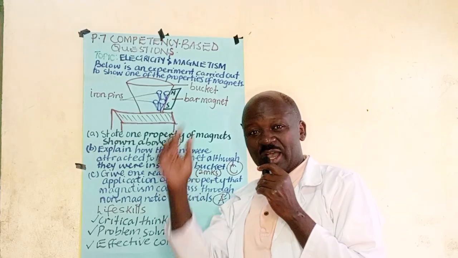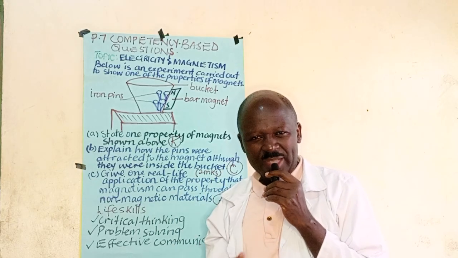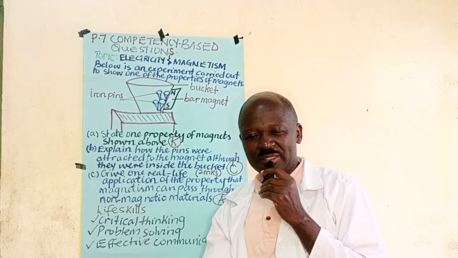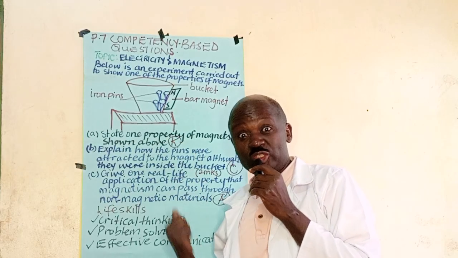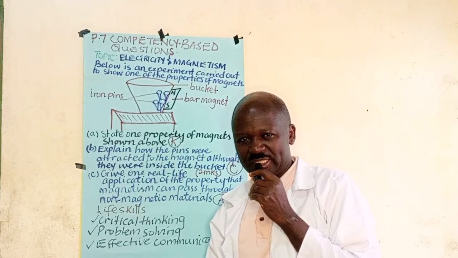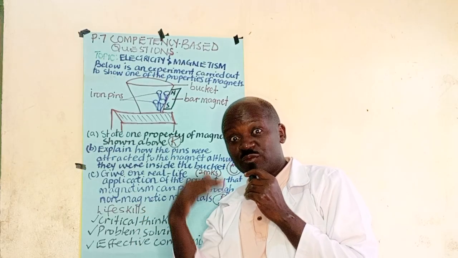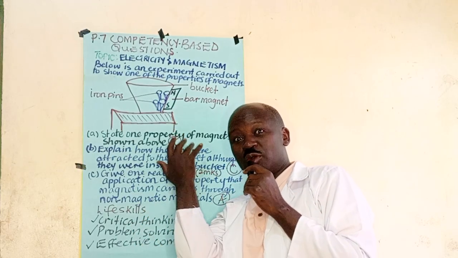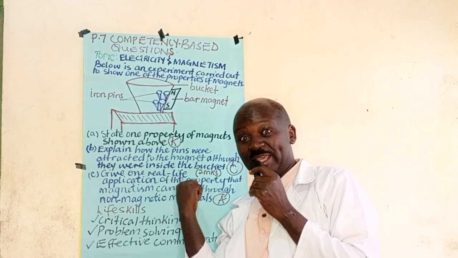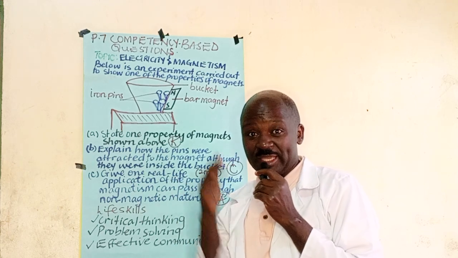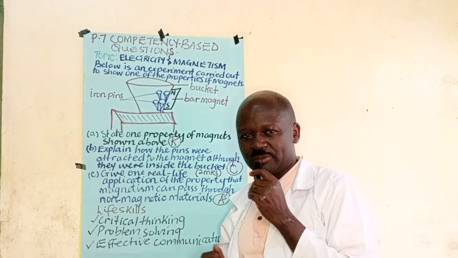After showing these learners a magnet, the transparent bucket, and even conducting the experiment, now you can display a chart. That's how we can use real objects first. From real objects, then we go to visual learning aids or man-made aids, for example, a chart.